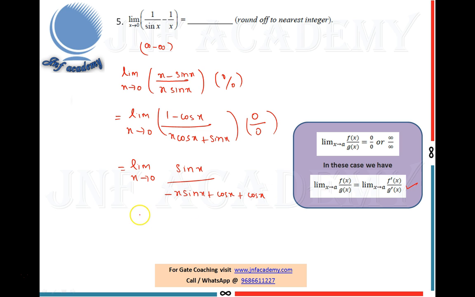Finally, I got this value is 0 by 2. So 0. The limit of this function, limit of x tends to 0, 1 by sin x minus 1 by x equal to 0. So the final answer is 0.